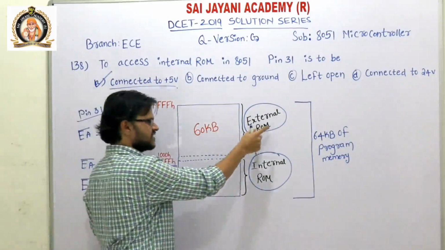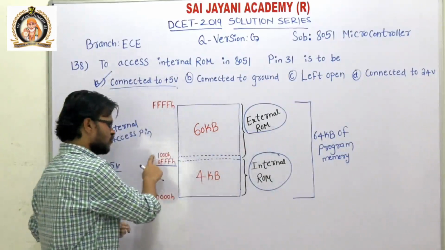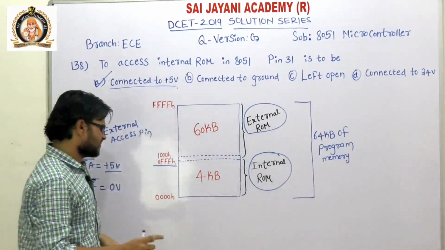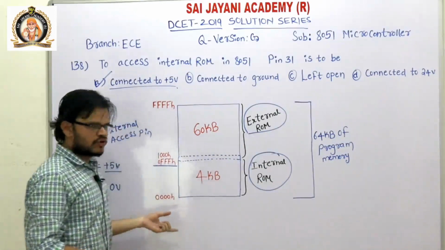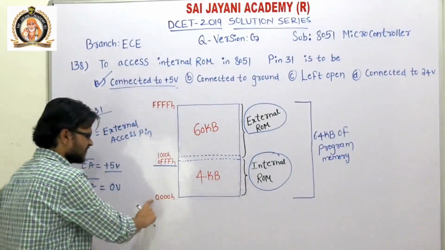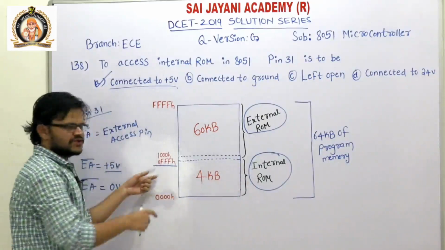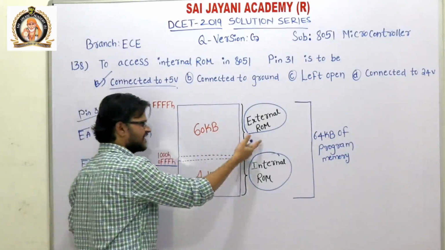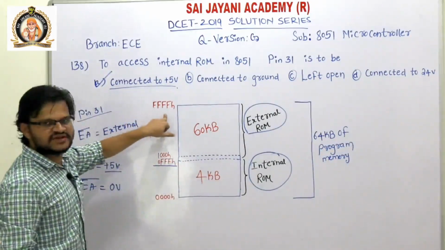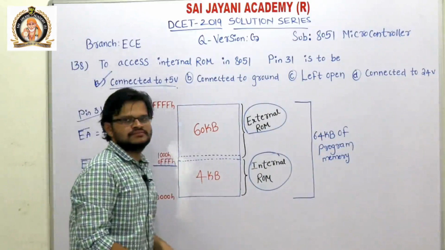Similarly the external ROM is ranging from 1000H to FFFFH. I will say the concept once again: the internal ROM ranges from 0000H to 0FFFH, and the external ROM ranges from 1000H to FFFFH.